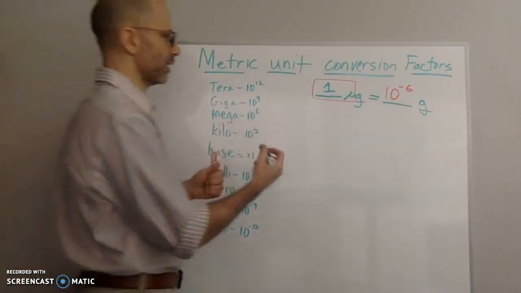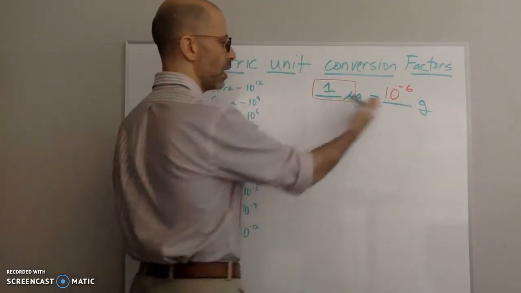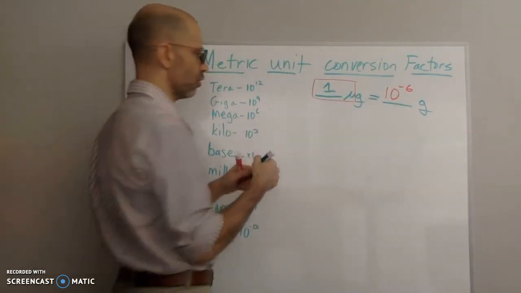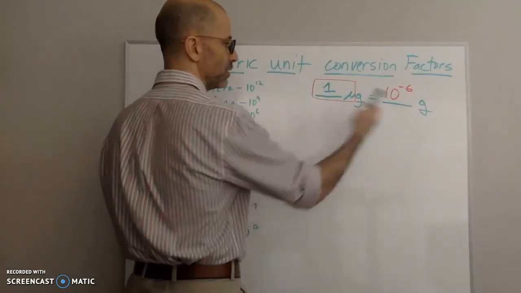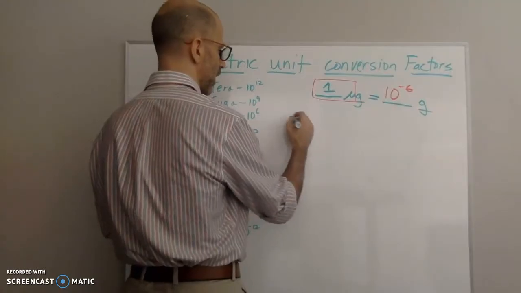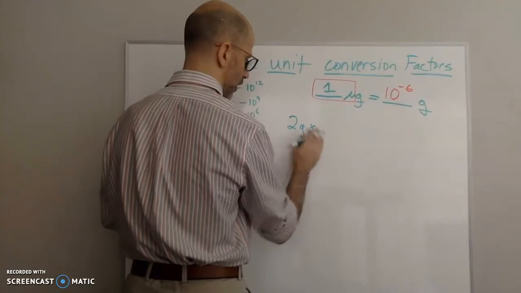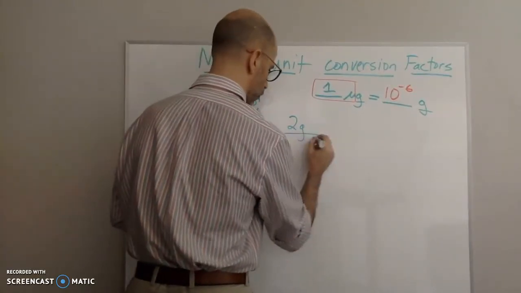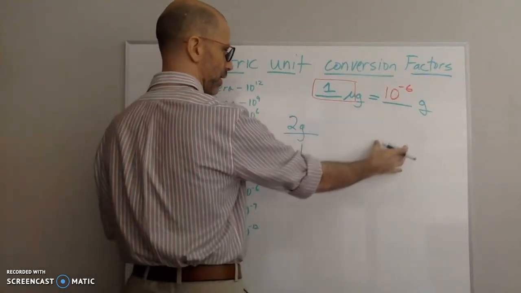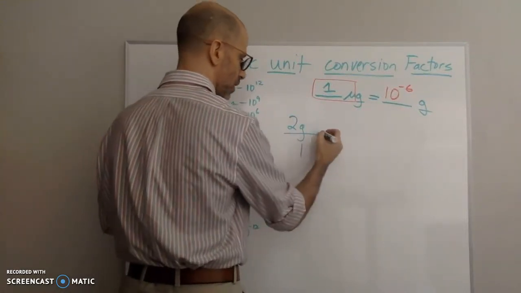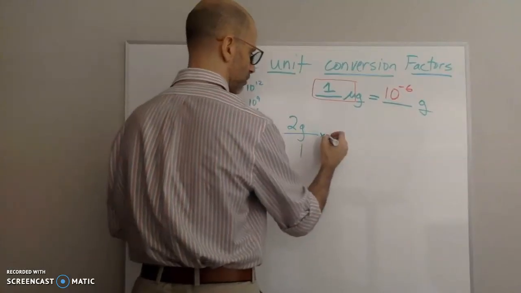Depending on where I'm converting from and to, I can use one conversion factor or the other. So if I want to go from grams to micrograms, let's say I have 2 grams, then what I usually do is put this over 1, no unit down here, because I'm going to be multiplying by a fraction or a ratio. That way I make sure everything is ordered on top and bottom.